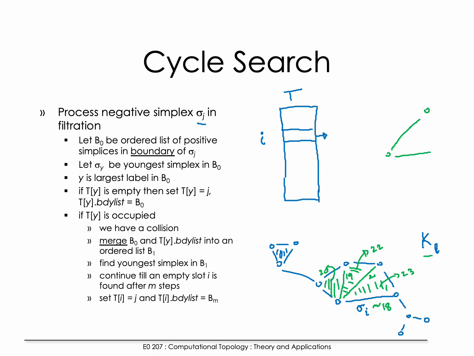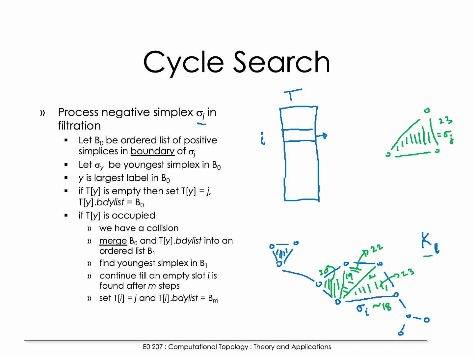I'll try to draw the key steps in this scratch space. So I have 23 here, sigma sub j. I know that it is negative because it does not create a cycle, which means it kills a one cycle.